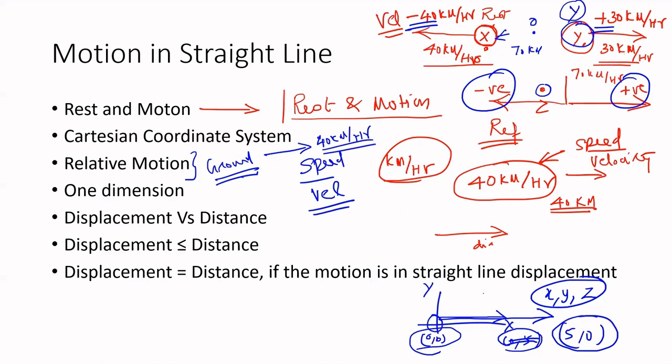Here, relative motion of x with respect to y is 70 kilometers because both are moving in the opposite direction. That's why we have to add both velocities to find the speed with respect to y. Similarly, if you want to see y with respect to x, it means 70. If you see with respect to ground, this is 30, this is 40. That's all.